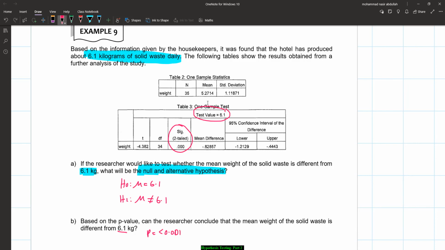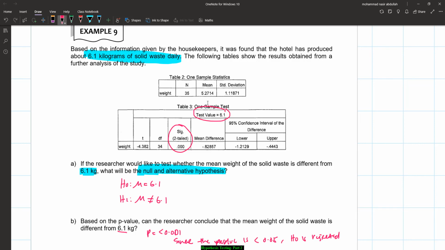Since the p-value is less than 0.05, the null hypothesis is rejected.